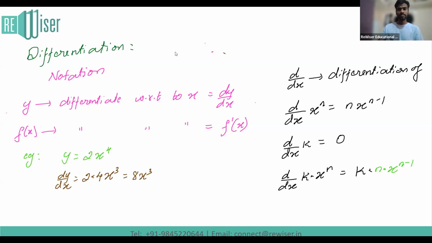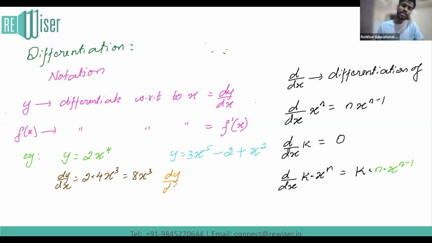And next, when we have y equals 3 into x to the power of 5 minus 2 plus x squared, if I have something like this, the sum or the differences between any of these terms, we can differentiate directly.